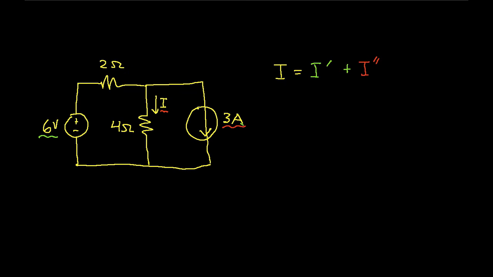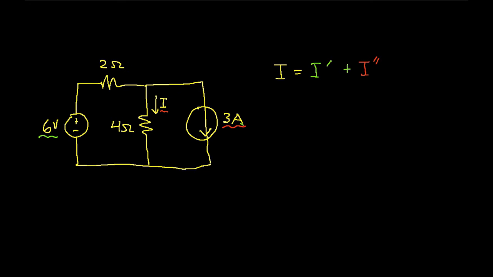And superposition says that the complete output, or a complete voltage or a complete current anywhere in the circuit, will be obtained as the sum of the output due to the DC or biasing voltage and the AC or signal voltage. So conceptually, it's an extremely useful tool. It allows you to break your problem into two parts. One is coming up with a way to bias your transistors, and the other is to understand the design of your circuit in terms of the AC signals that you're interested in.